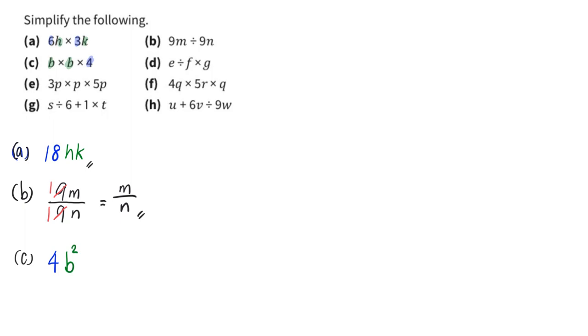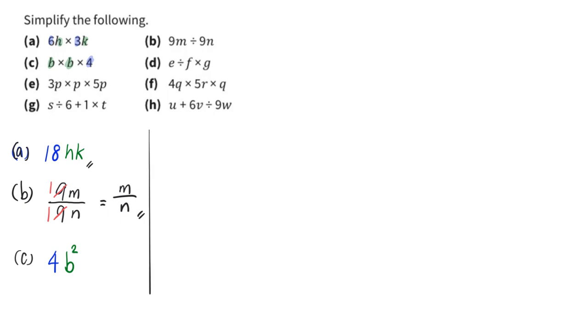Part D, e divided by f times g. When we apply the rules of arithmetic, when we have divide and times, we do from left to right. So for this case, let me just draw a straight line.